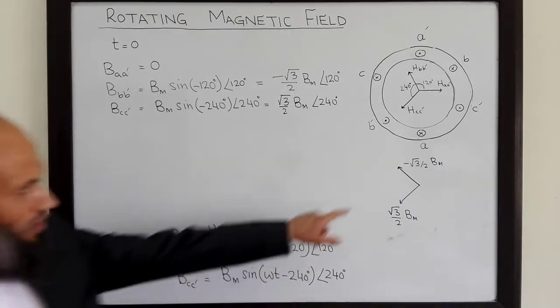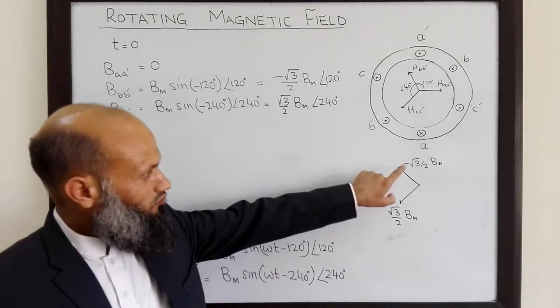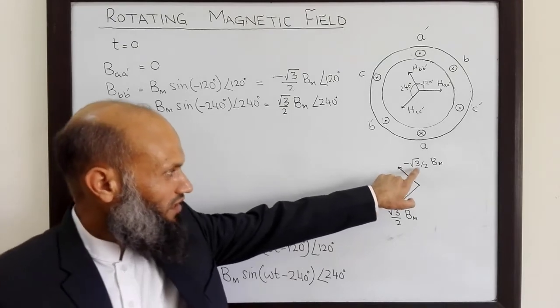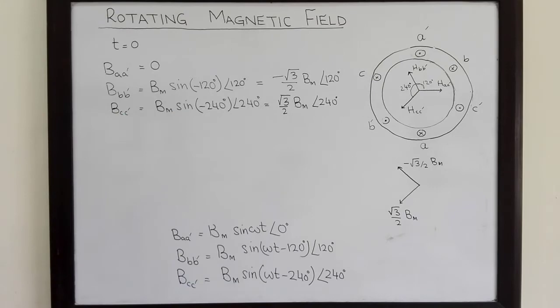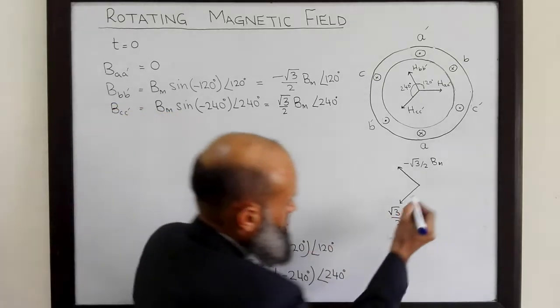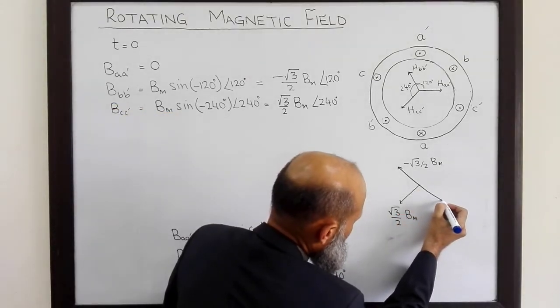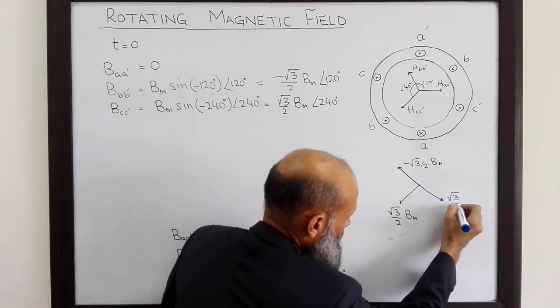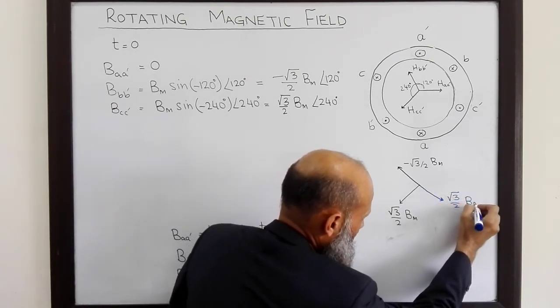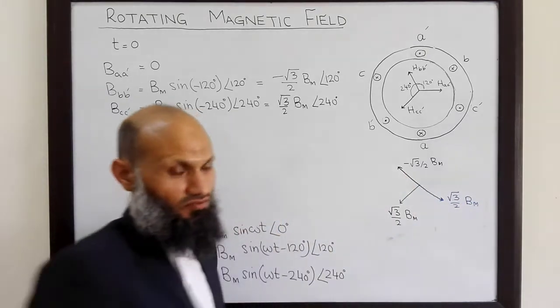And we want to add these two vectors. Magnitude equal to minus square root of 3 by 2 Bm is equivalent to a vector with magnitude equal to square root of 3 by 2 multiplied by Bm and direction reversed.